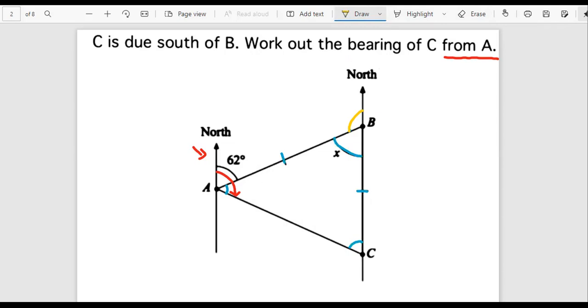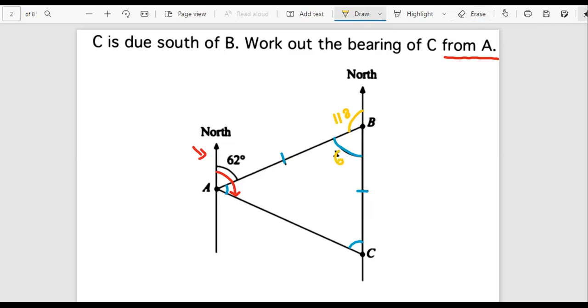That means this angle is going to be 118. Now, if I follow this straight line, I know that the sum of angles on a straight line is 180 degrees. That means if the yellow angle is 118, the blue angle is going to be 62 degrees.